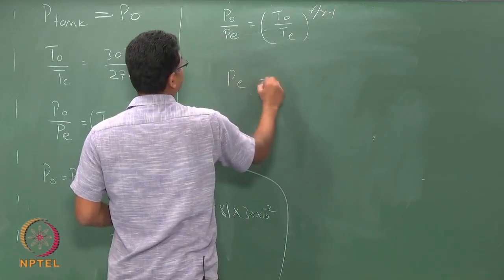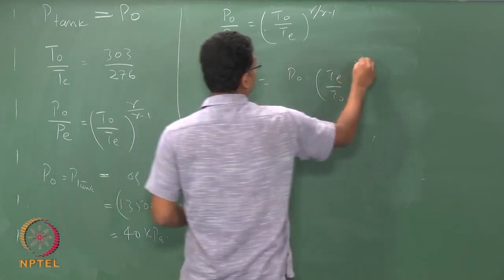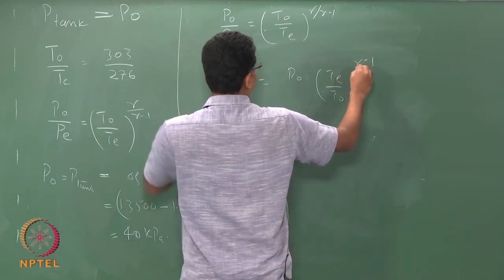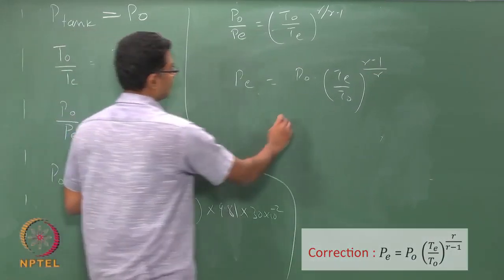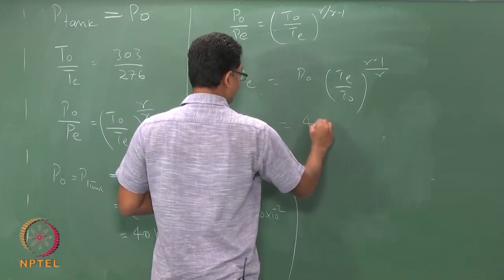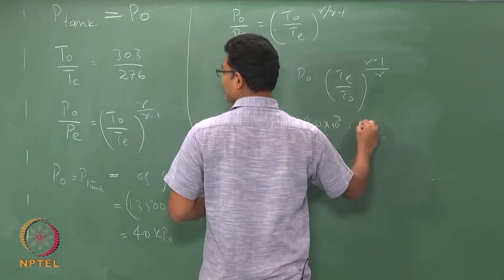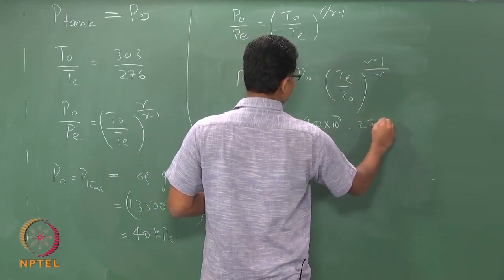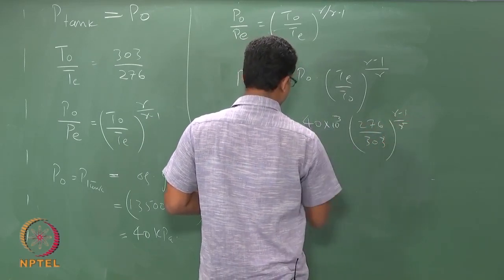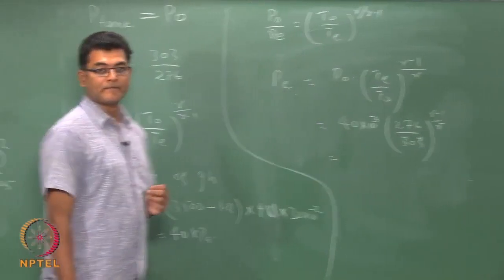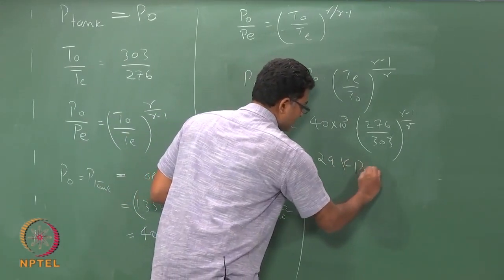So, your P exit is nothing but P0 into T exit by T0 to the power gamma by gamma minus 1. That gives twenty-nine kilopascal.